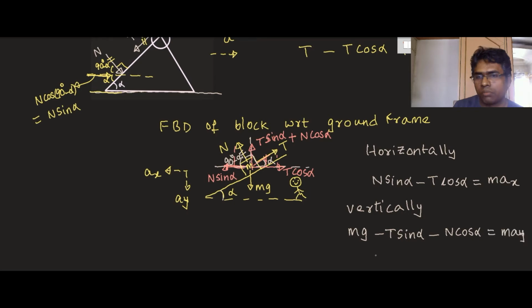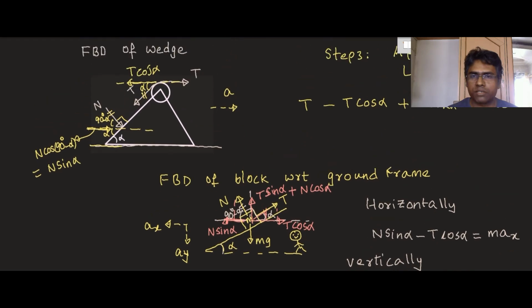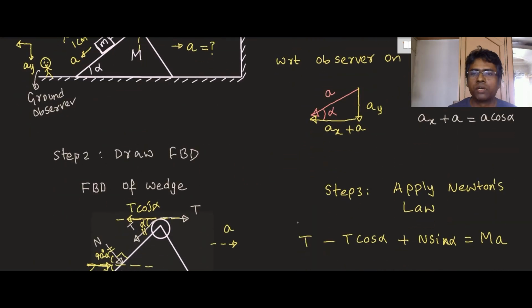Now we are after the acceleration of the wedge, and after having applied Newton's second law, we have a bunch of equations. Let us quickly look at whether these equations are sufficient to get the magnitude of acceleration. How many equations do we have?